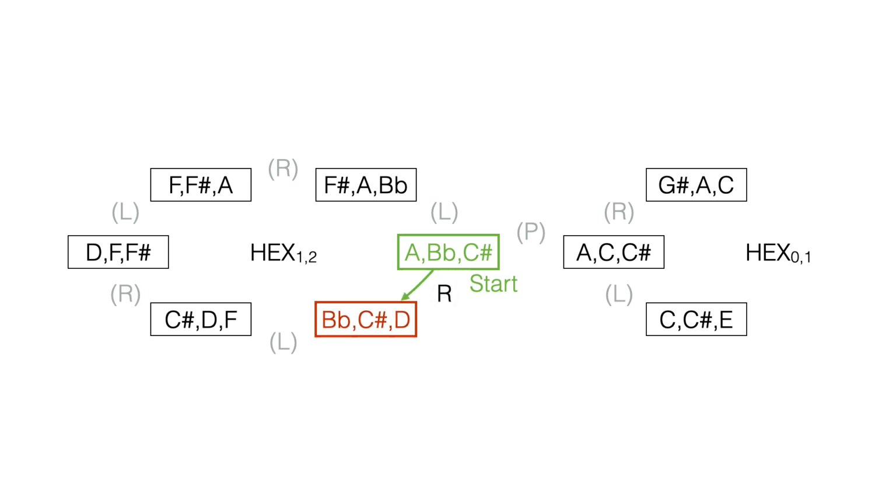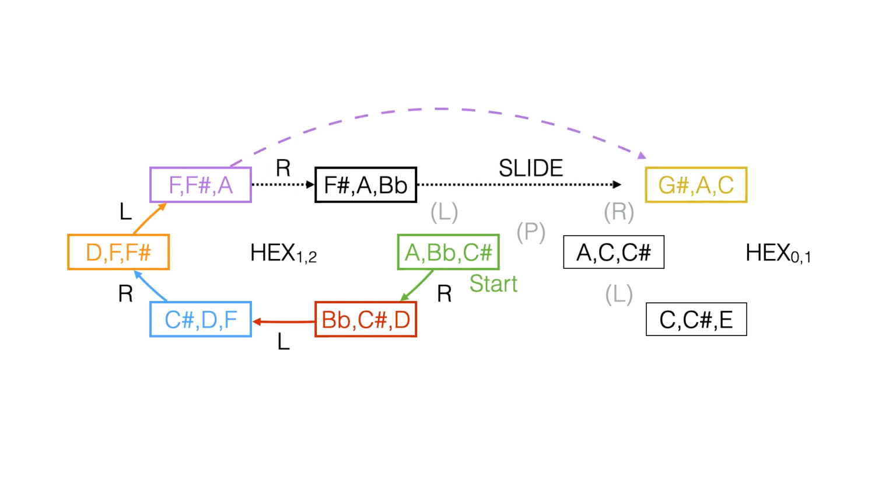We then progress in a purposeful hexatonic way to F, F sharp, A via a chain of L and R. At that point, we leap via R slide to a different hexatonic collection. And then end on A, C, C sharp.